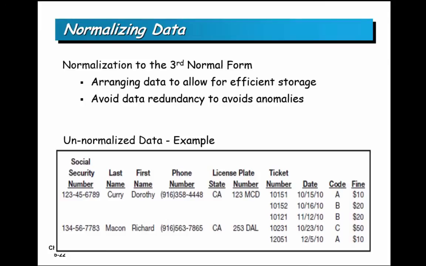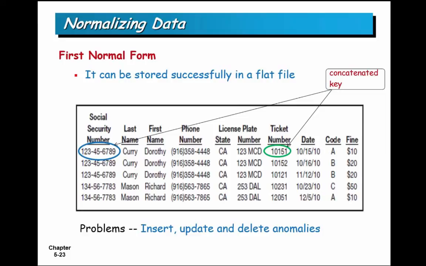And so now here you've taken that data and you've put it in the first normal form. And you probably would have social security number and ticket number as your concatenated key, although I think here they used license plate number and ticket number as a concatenated key. It doesn't matter. Either one would work in the conversation.